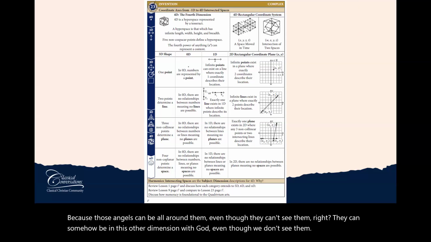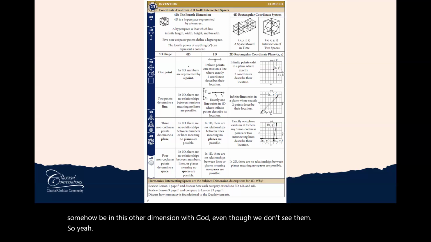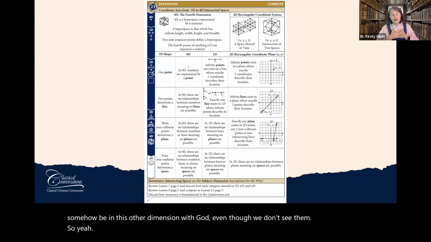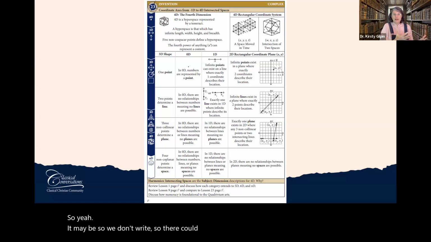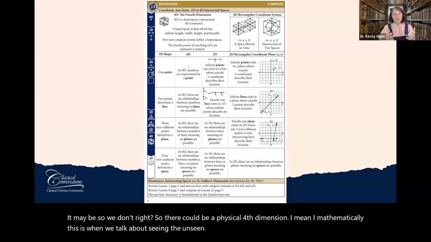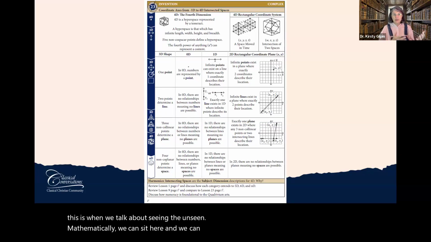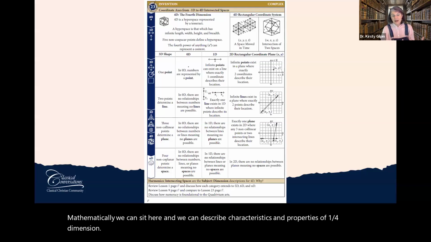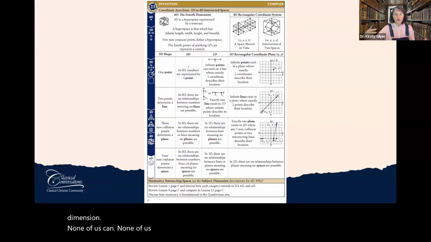So maybe would the 4th dimension be like the supernatural world? It may be. So there could be a physical 4th dimension. Mathematically, this is when we talk about seeing the unseen. We can sit here and describe characteristics and properties of a 4th dimension. None of us can see that 4th dimension, because we're in these 3.